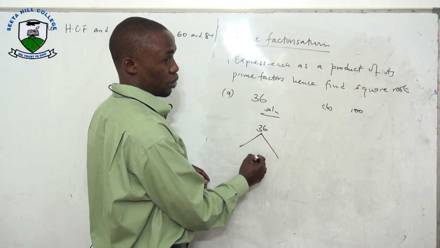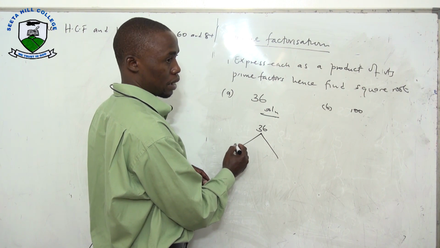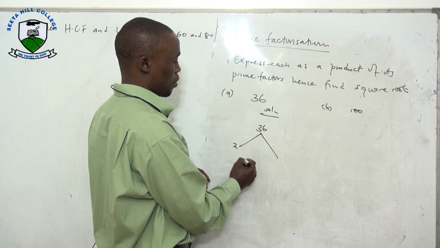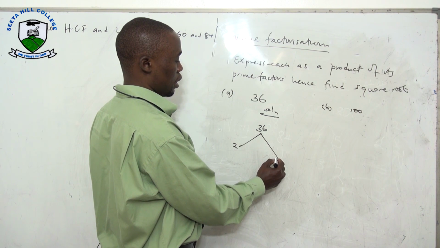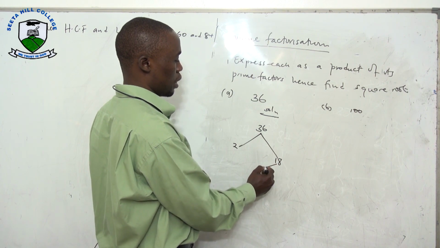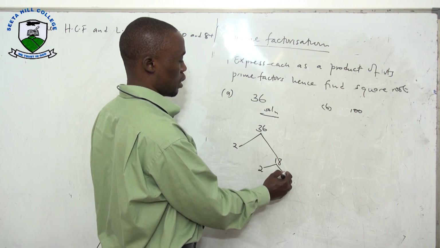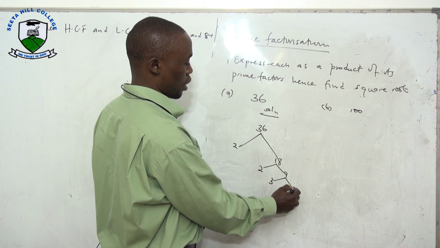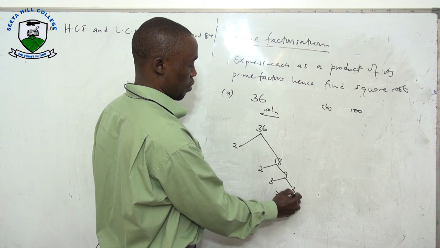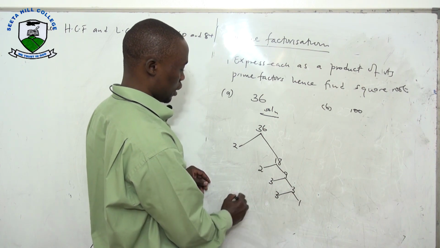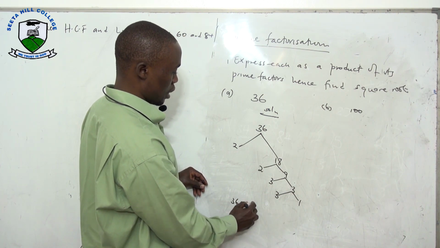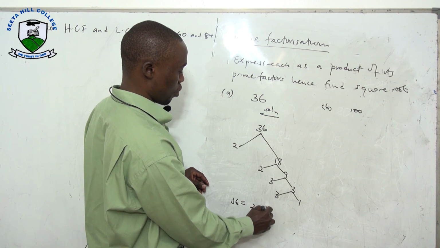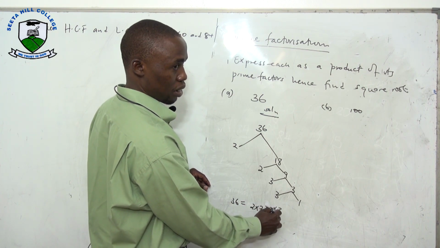Like she demonstrated, 36 divided by 2 gives 18, then divided by 3 you get 6, divided by 3 you get 2, and so on. That means 36 is 2 times 2 times 3 times 3.